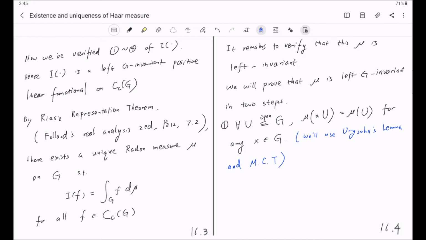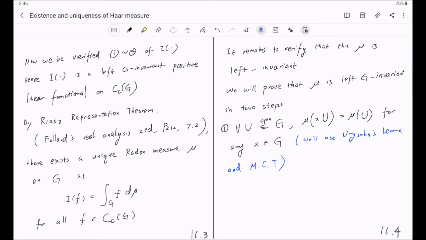So let's see how Urysohn's lemma and the monotone convergence theorem are applied here. The key idea is to use the inner regularity on open sets of Radon measures to approximate this open set from inside by compact subsets.